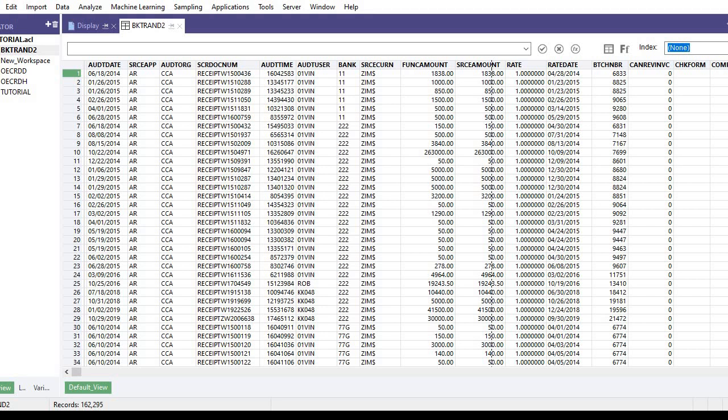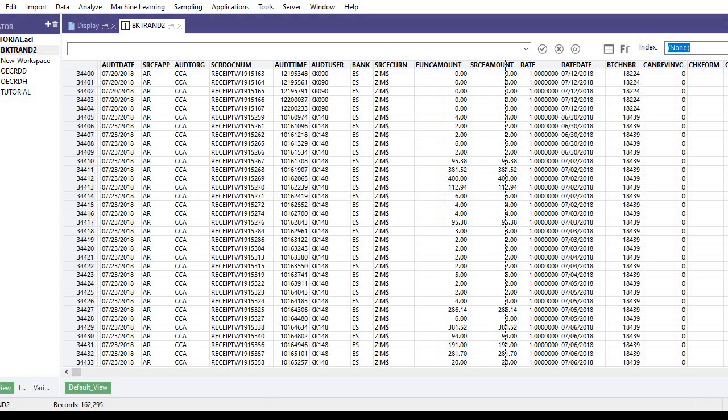But we also do have United States dollar payments or receipts. What you find with the Zimbabwean dollar based transactions is that the functional currency amount and the source currency amount are always equal and the exchange rate will be 1.